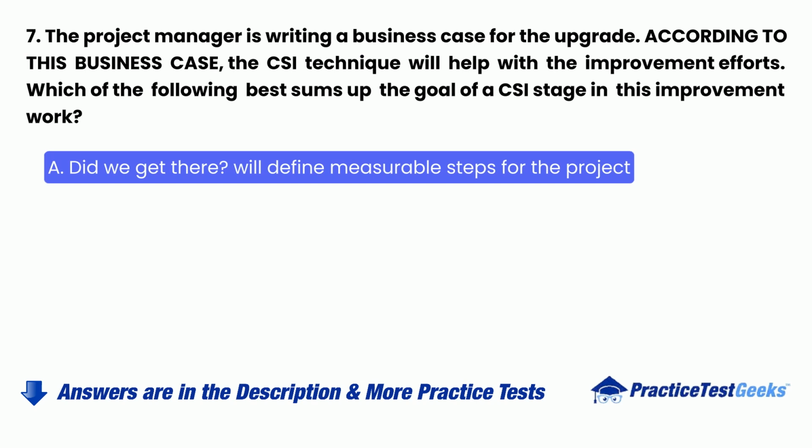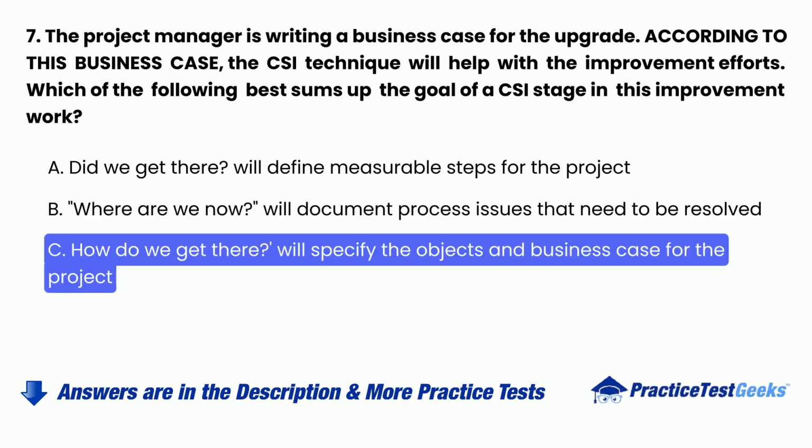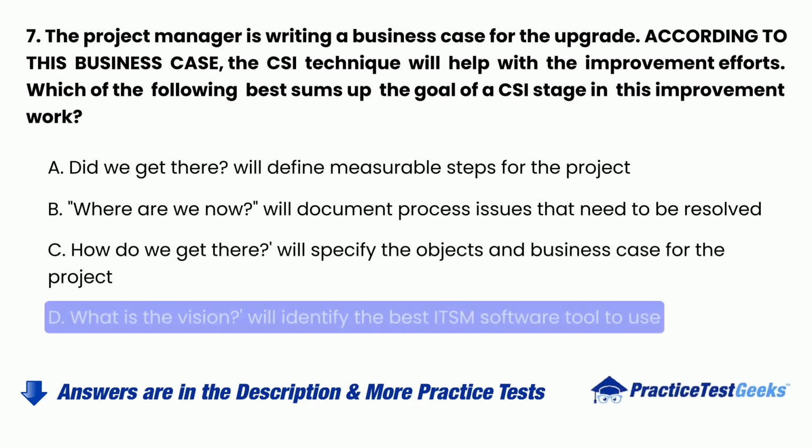We'll define measurable steps for the project. B. Where are we now? We'll document process issues that need to be resolved. C. How do we get there? We'll specify the objects and business case for the project. D. What is the vision? We'll identify the best ITSM software tool to use.